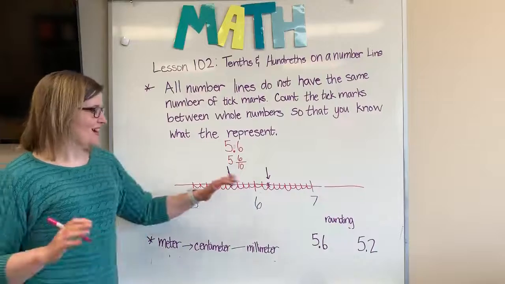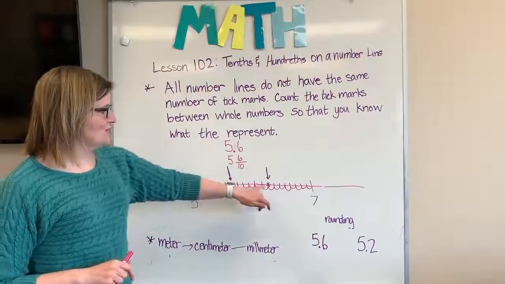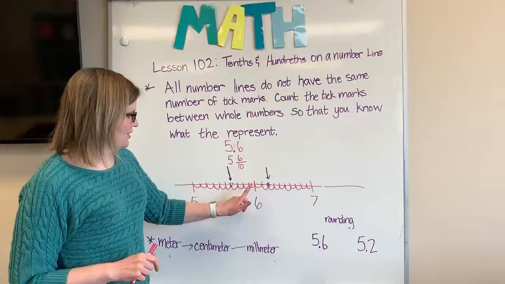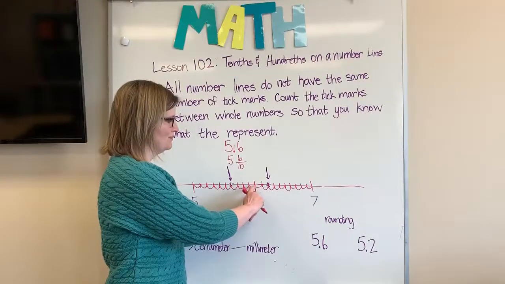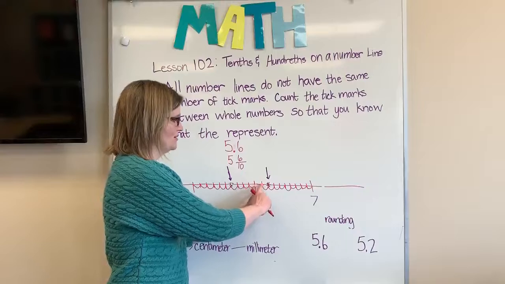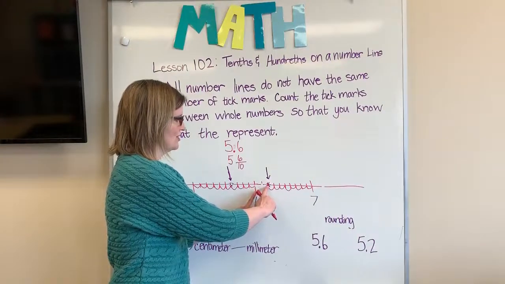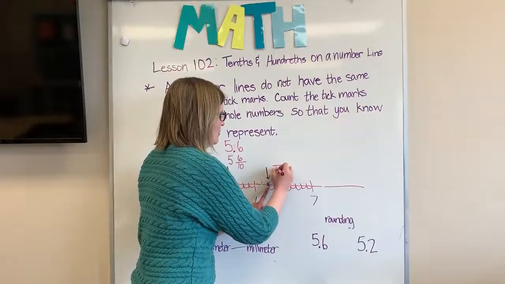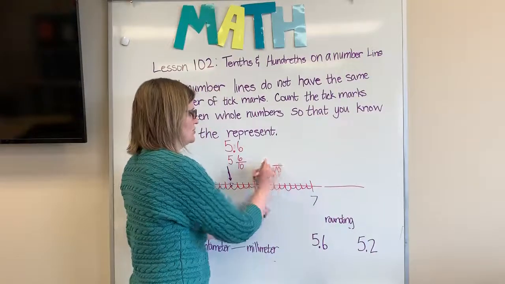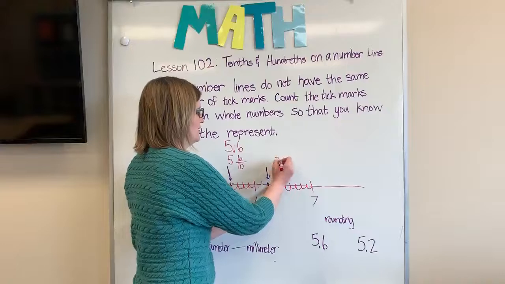Simple. Now, let's look at this point right here. Here's our number 6, and we need to count tick marks in. So we count 1, 2. We know that our denominator is going to be 10, and we know that it's 2 in.